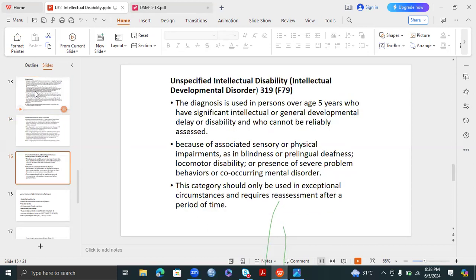All right. Then here comes another category in the intellectual developmental disorder, that is unspecified intellectual disability.